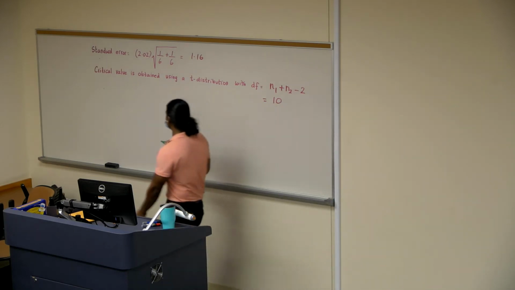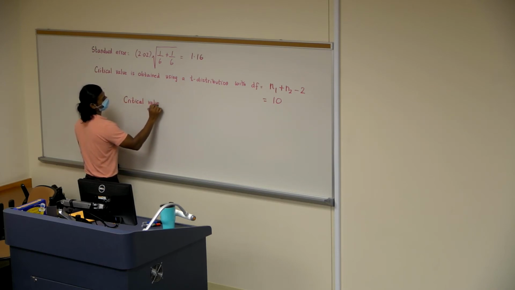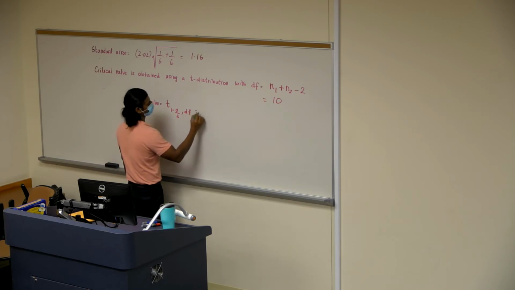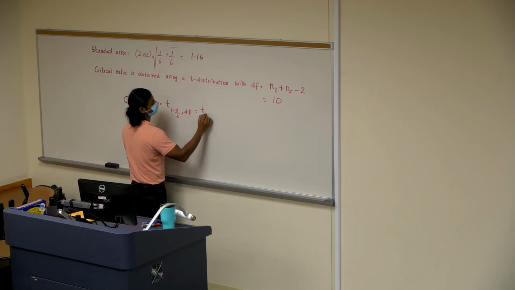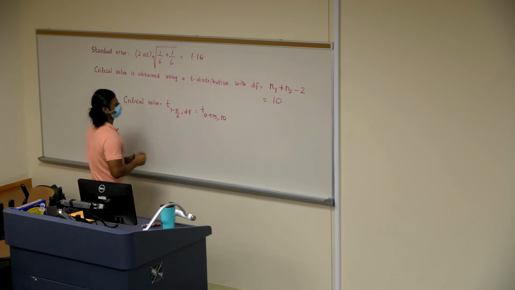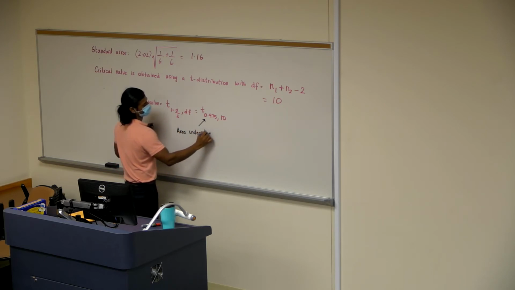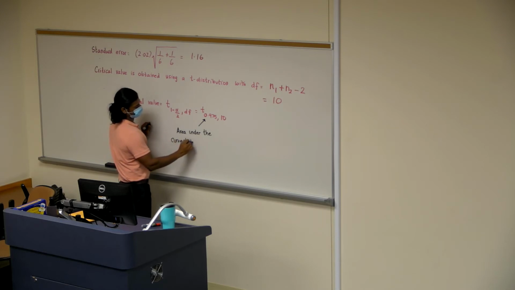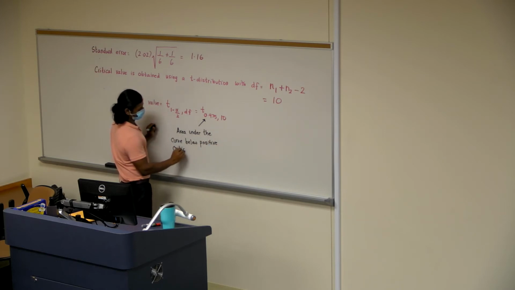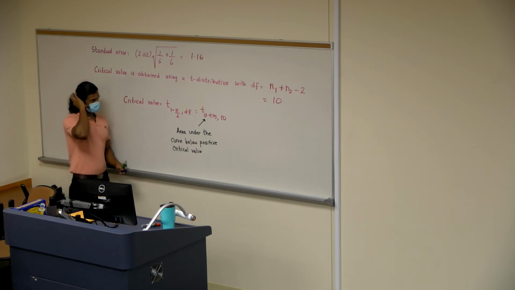The critical value is the area under the curve below the positive critical value.